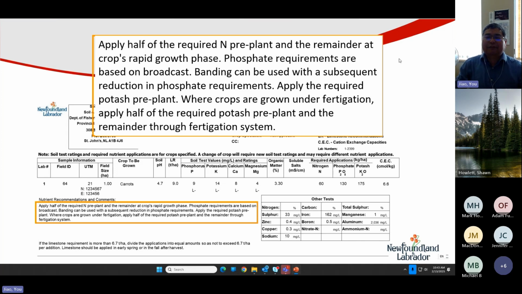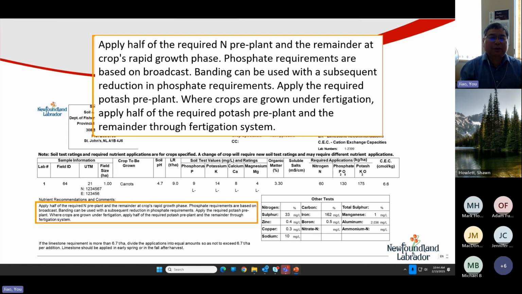The phosphate requirements are based on broadcast application. Banding can be used with substantial reduction in phosphate requirements. Basically, if we broadcast the phosphate, you need a higher amount, but if you band it along the crop row, you save some fertilizer, so you can reduce the requirement.